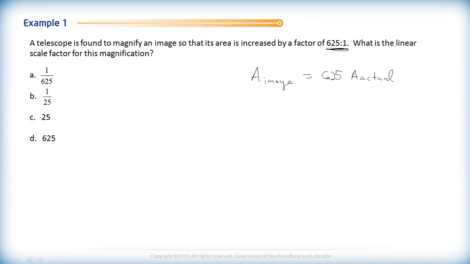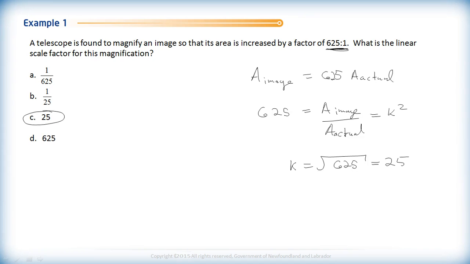So what's the linear scale factor? Well, 625 has to be the area of the image over the area of the actual. And that has to equal the squared scale factor. So the linear scale factor, K, will be the square root of 625, which I think is a quarter. So 25 cents on the money.